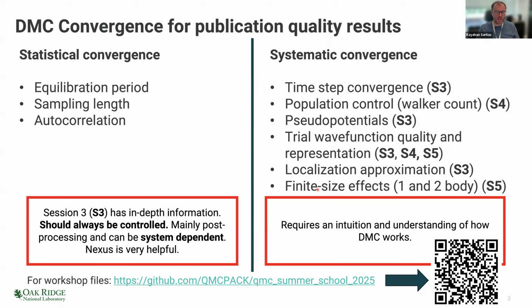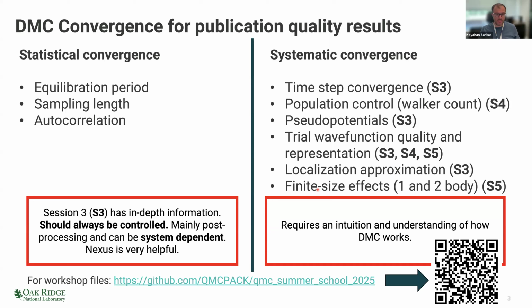So when we aim for convergence of a DMC calculation for any research quality results, we are looking at mainly two different aspects of the convergence, which are the statistical and the systematic convergence. The statistical convergence has been covered in session 3 quite in depth, and this is an area where you should never compromise; it should always be controlled.